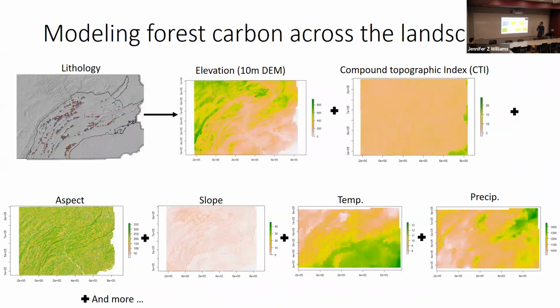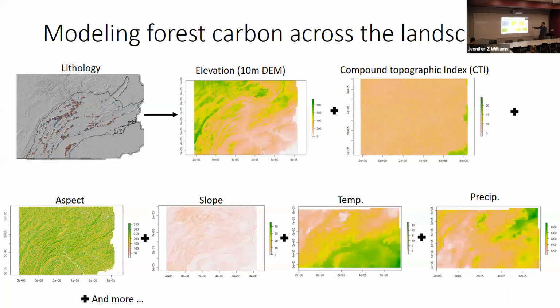Okay, so with that data set, I'm trying to use models to understand not just A and B lithology. I'm trying to understand what's driving the differences in forest growth on shale versus sandstone. And to do this, I've been compiling this database from GIS that links up all those plots in this figure to other metrics and pulling it out to model and try to understand what's driving these differences.